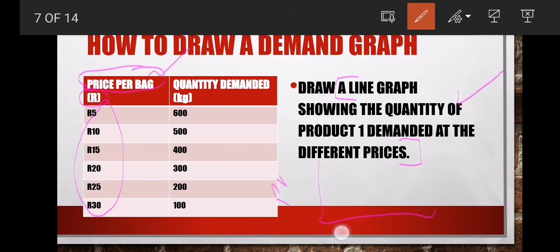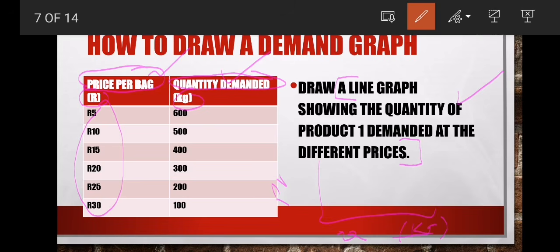You come this side. You will say quantity demanded, in brackets kg. So it is this very same information that we include. Now you get a mark for saying quantity demanded with the correct calibration.